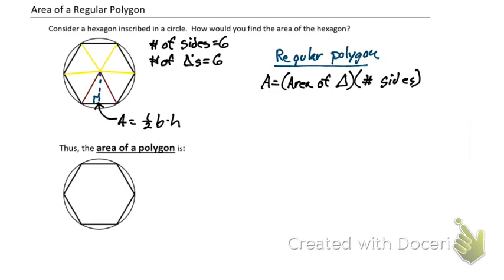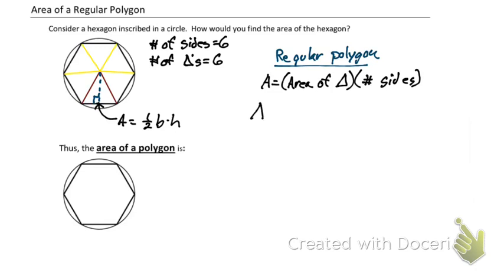So generically, we have area of a triangle times the number of sides equals the area of a polygon. Well, that's exactly what the formula is. That is exactly what you need to know for the regular polygon.